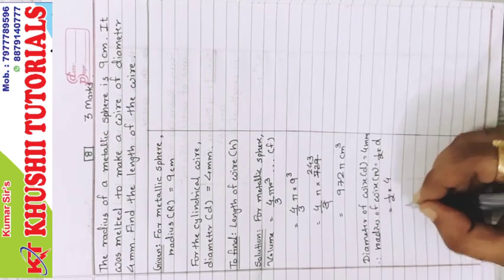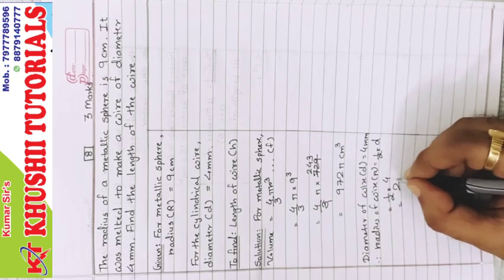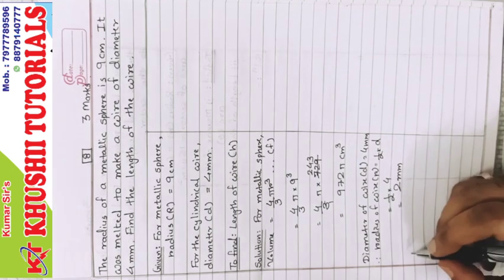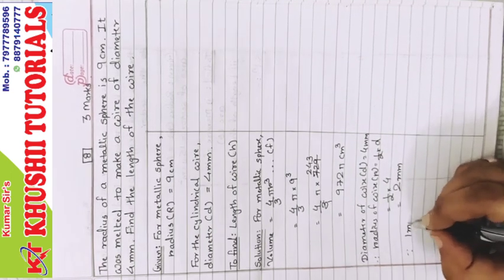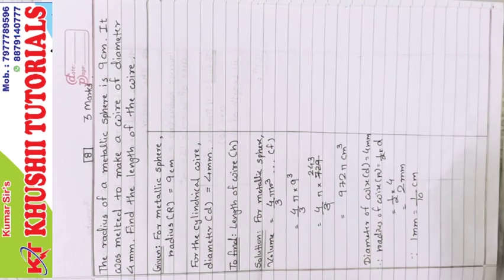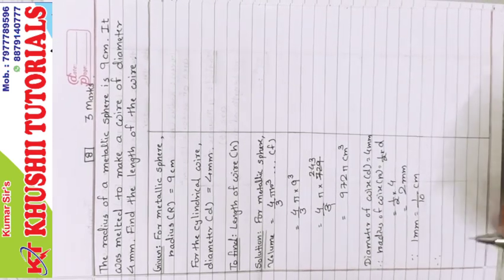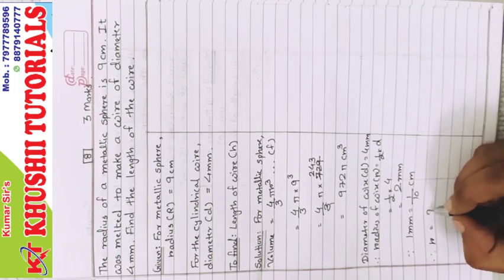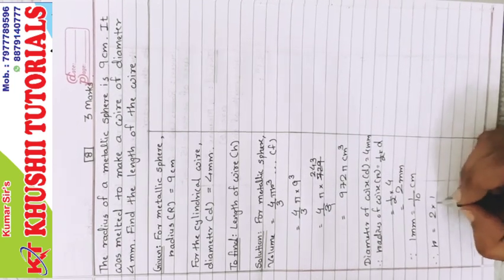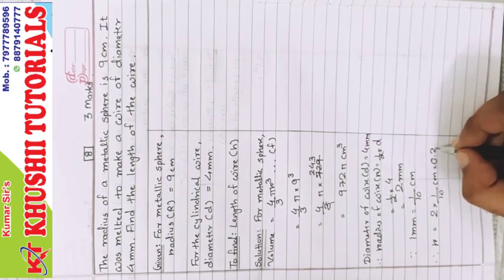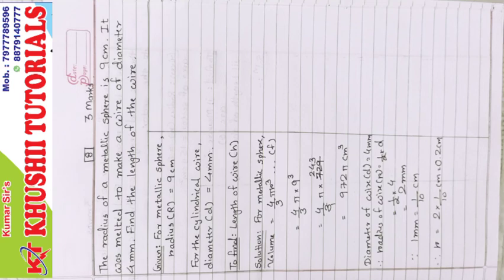Half of 4, 2 millimeter. Now we need to convert into centimeter, since 1 millimeter equal to 1 upon 10 centimeter. Therefore radius equal to 2. Instead of millimeter we will write 1 upon 10 centimeter, equal to 0.2 centimeter is the radius.